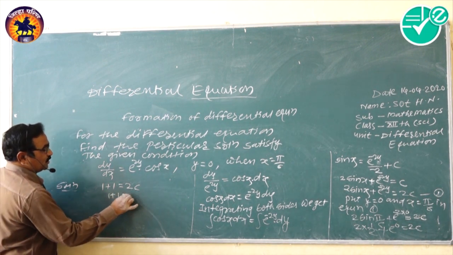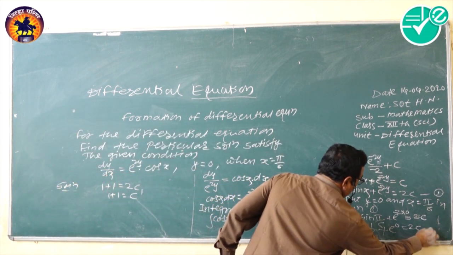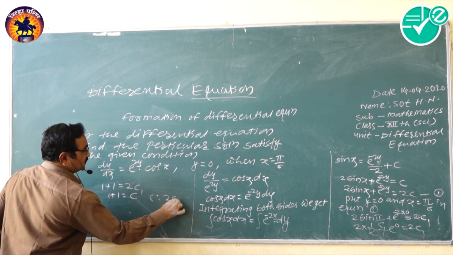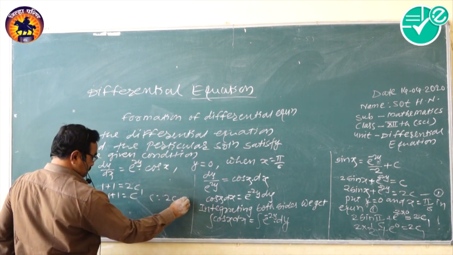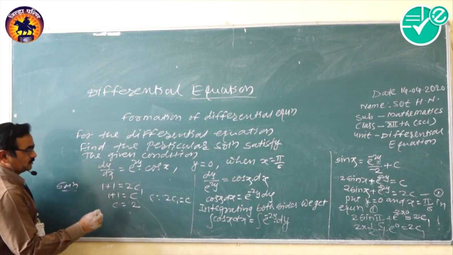One plus 1 equal to c1. Since 2c equal to c1, this is c equal to 1.